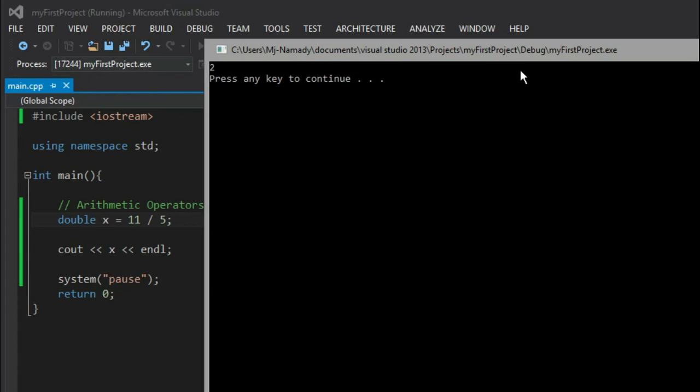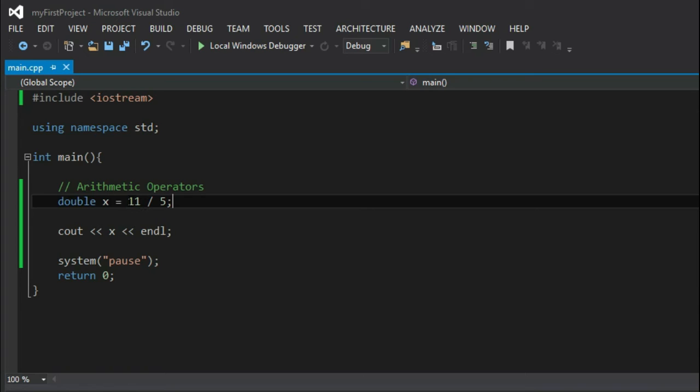So how do we go about this? How do we have our answer be a floating point number when dividing in C++? To do that, we need to make sure that one of the operands, either 11 or 5, is a floating point number, meaning a number with a decimal point. So let's make the 11 a number with a decimal point. Let's change it to 11.0.